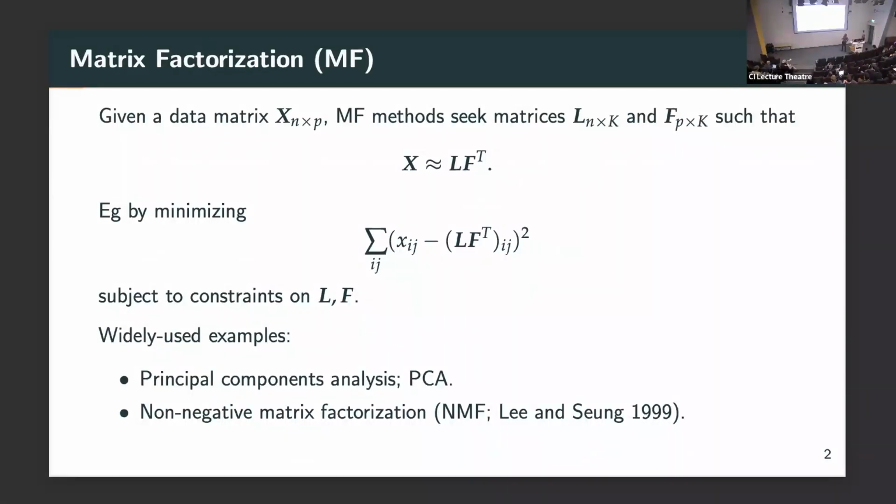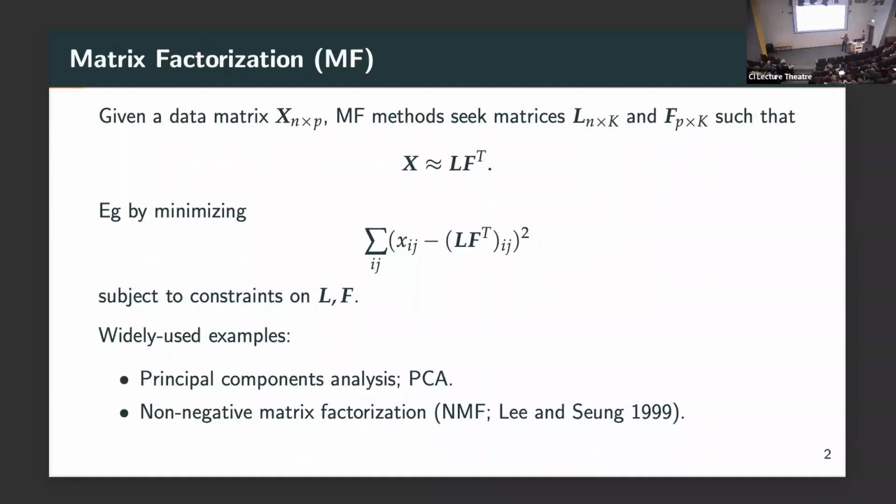We're going to look for L and F such that X is approximately equal to L F transpose, and there could be many different ways of formalizing what we mean by approximately equal. Just as an example, we could try to minimize the sum of squared errors. That's just an example of how you might go about looking for L and F.